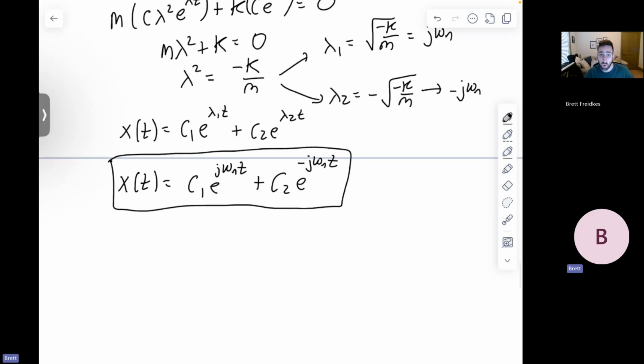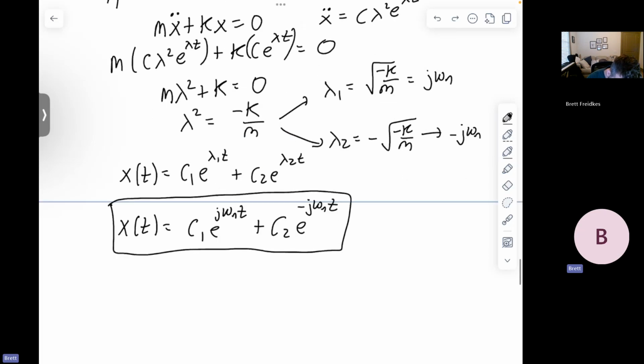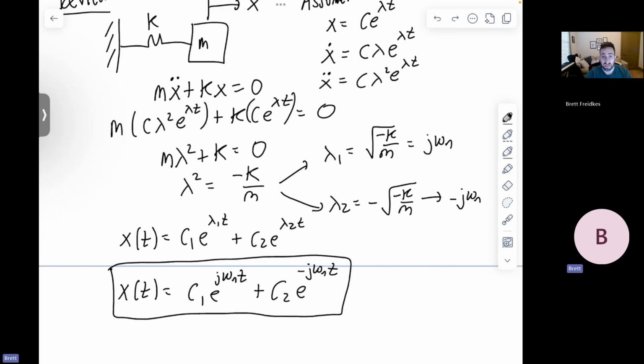And how do we find c1 and c2 for a free vibration problem? Well, that's based on initial conditions. So I provide some initial conditions in order to find what those c1 and c2 variables are. But ultimately, that is how we get to our equation.